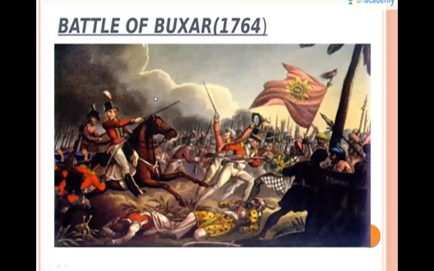Now we will talk about the cause of the Battle of Buxar. After the Battle of Plassey, as promised, Mir Jafar was made the Nawab of Bengal. And after the war, Robert Clive went back to England. As time went on, Mir Jafar started opposing the working of the Britishers.